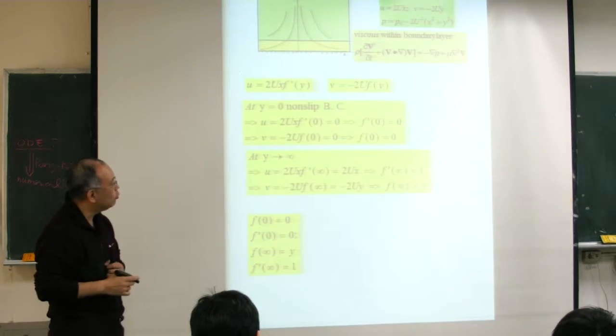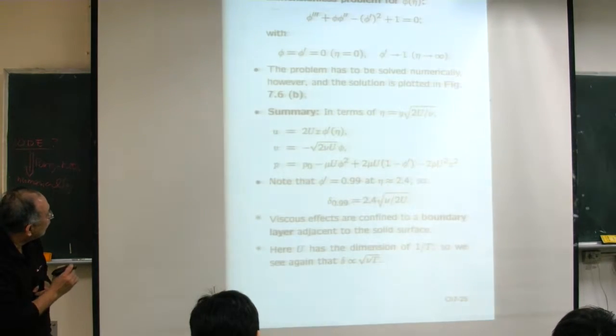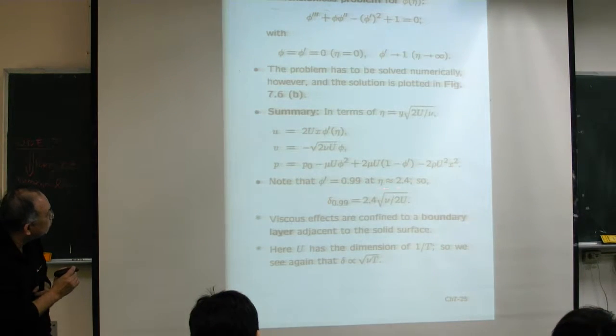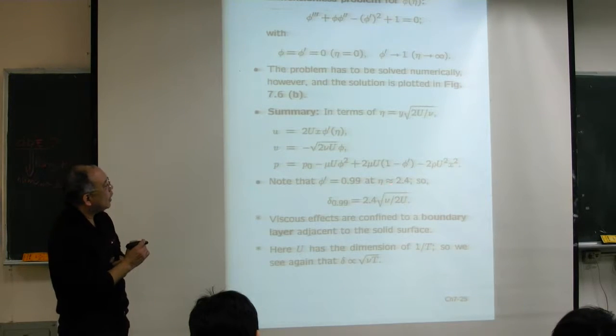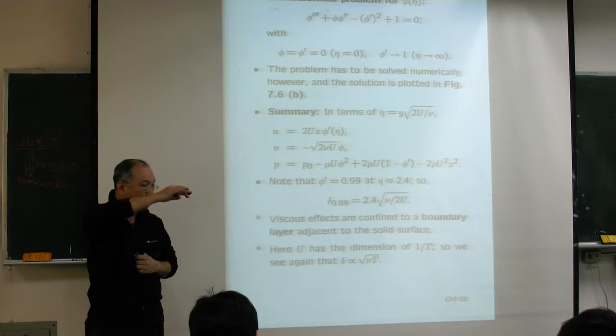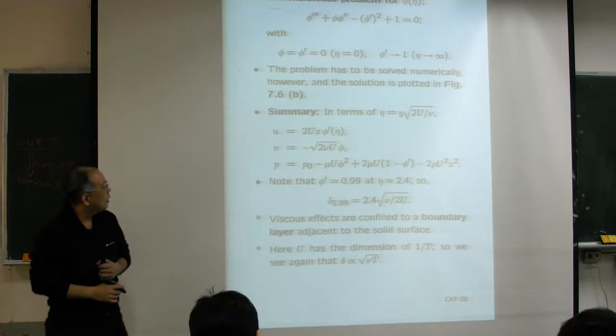And our eta, according to the solution, at this location, eta equal to 2.4. Our phi prime should be almost 1% different from the potential flow solution. So we can define this eta equal to 2.4 as the boundary layer thickness. Okay?